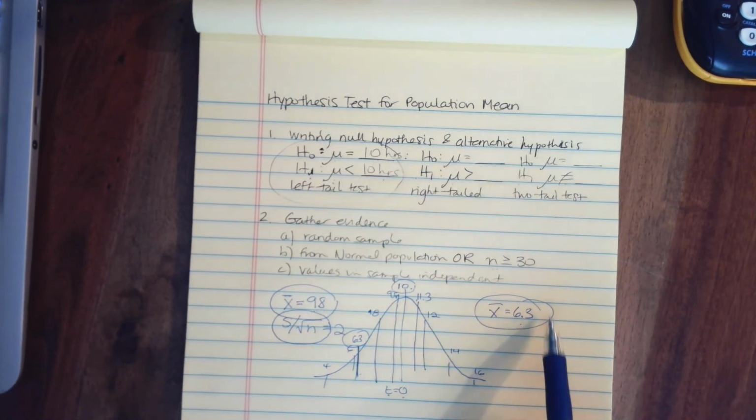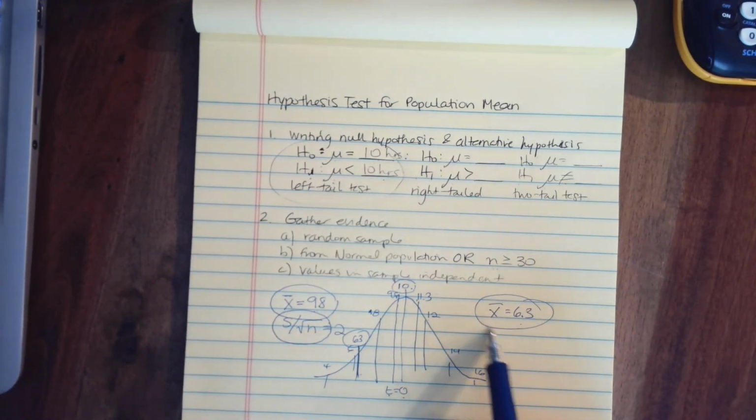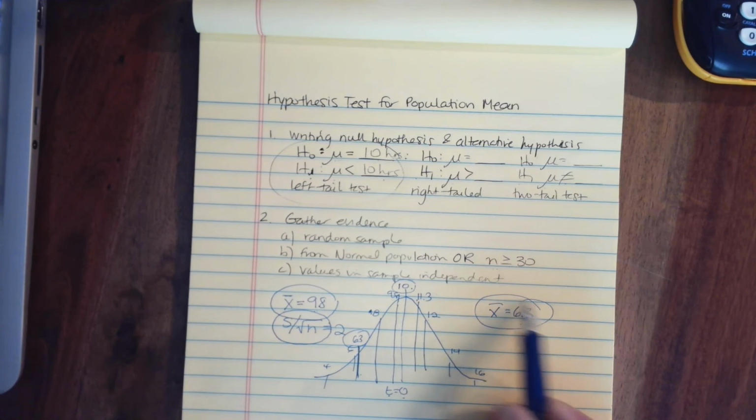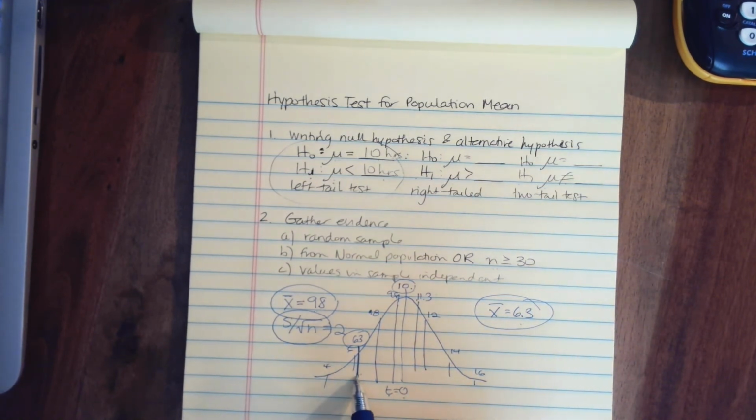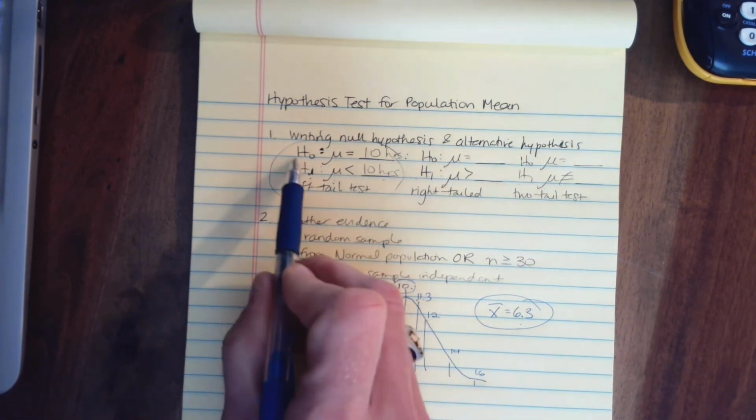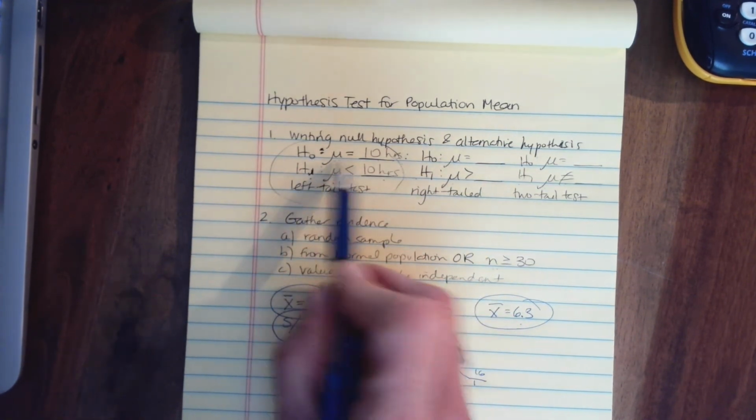But my question is, is this just by chance that I happen to pick a sample where I had a really low mean? So I'm wondering if this is different enough, in this case low enough, for me to dispute this claim that the mean is in fact 10 hours.